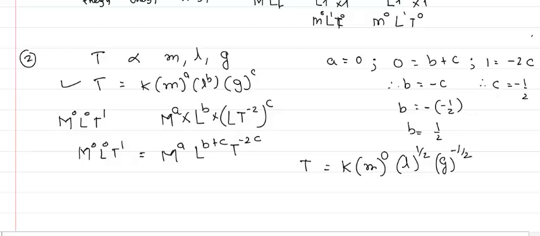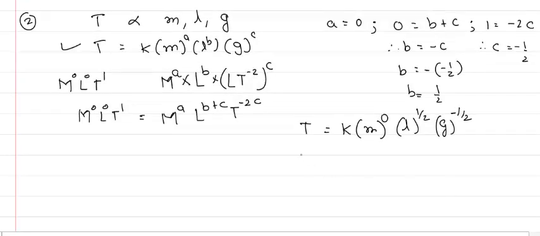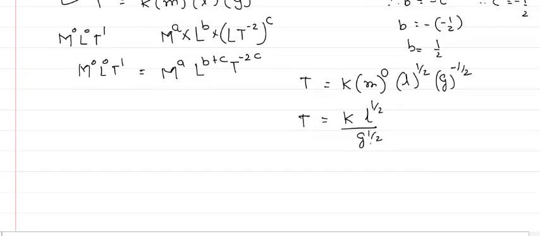Therefore, t will be equal to some constant k. M raised to 0 is 1, so that will vanish. So I'll get L raised to half divided by g raised to half. And we know that anything raised to half is square root, so I can write this equation as t is equal to k square root of L by g.